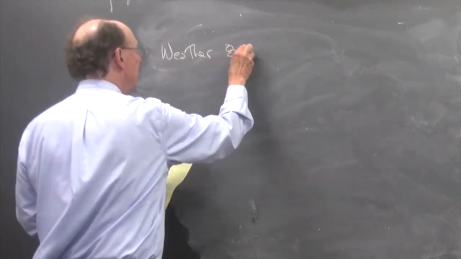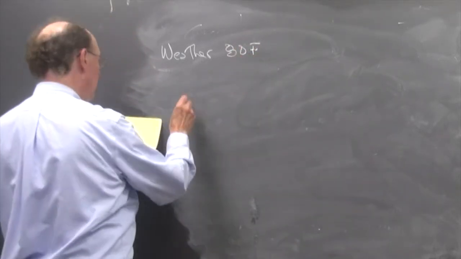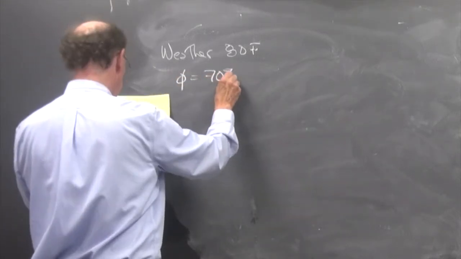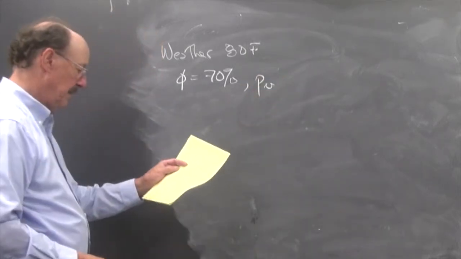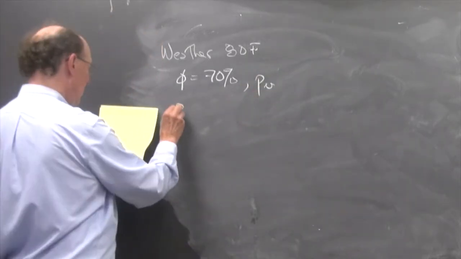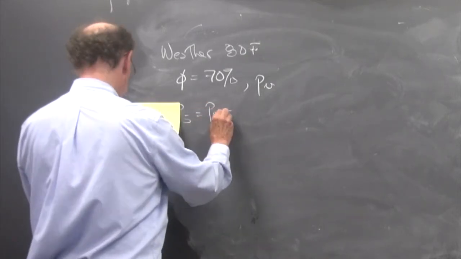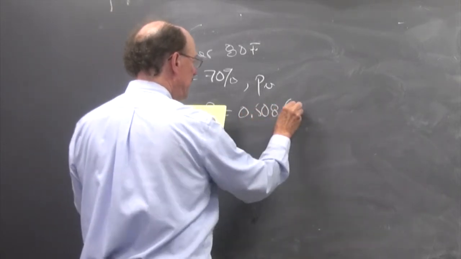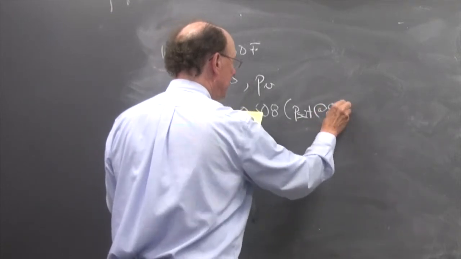So let's say the weather is 80 degrees Fahrenheit. The relative humidity is 70%, and we want to find P sub V. So P5 is equal to P sub G, which is equal to 0.508, and this is P sat at 80 degrees Fahrenheit.